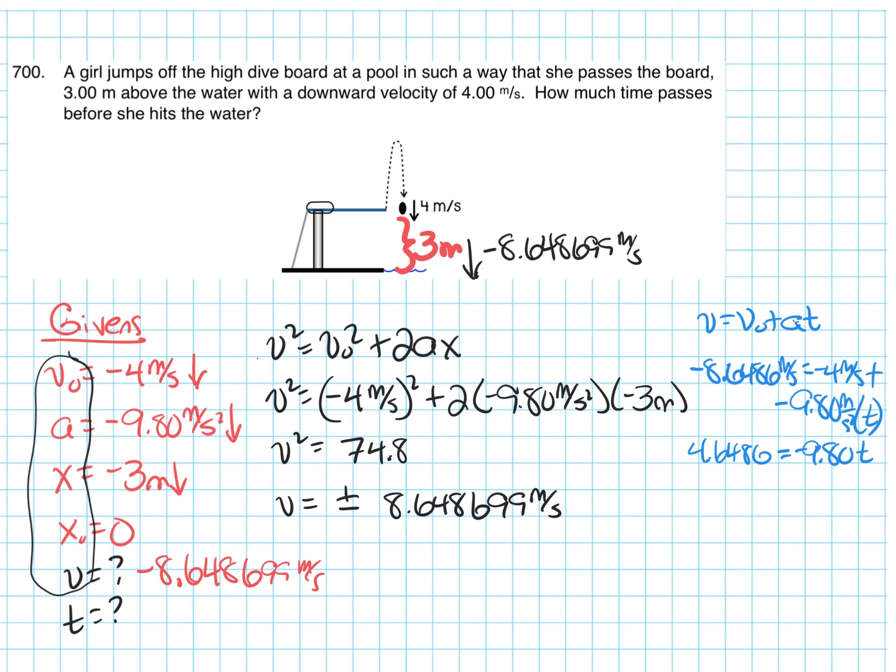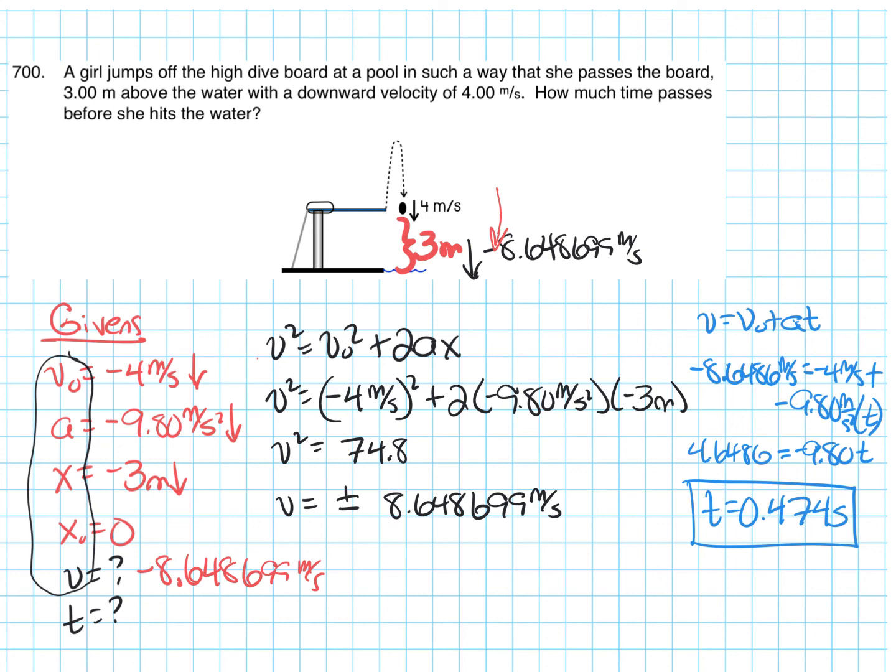And when I divide both sides by 9.8, I get a time of 0.474 seconds. So that's the answer. That's how much time it'll take for her, when she passes the board, to hit the water. The key thing to solving this problem is to remember that because she's going down, the final velocity is going to be negative.